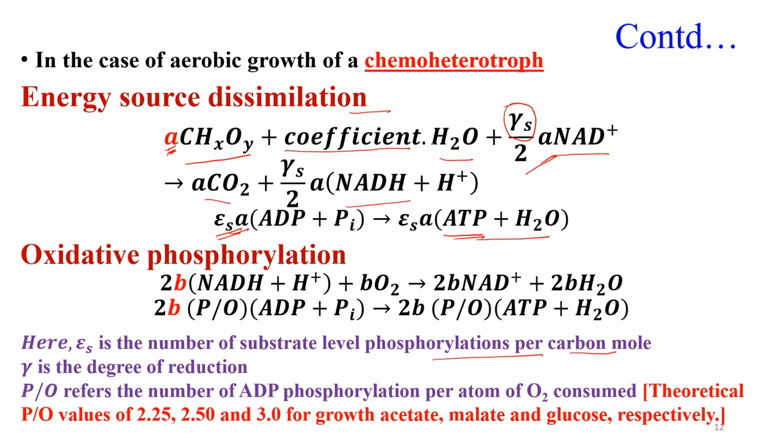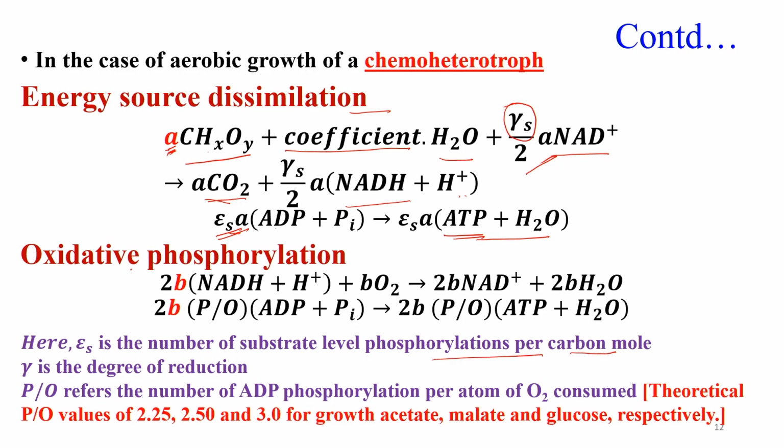That is why we are not quantifying it. So, this NAD plus is converted to NADH plus H plus, and this substrate is converted to carbon dioxide during this oxidation process.